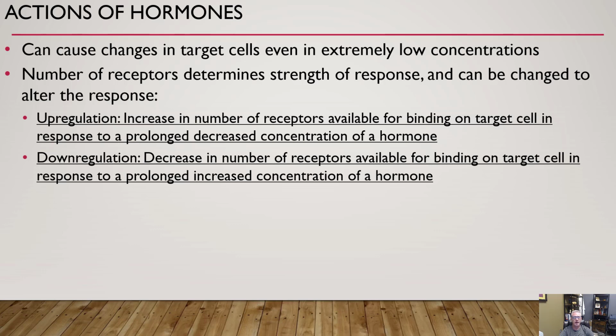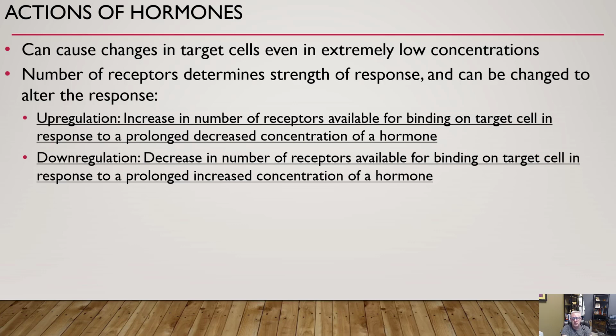Upregulation is an increase in the number of receptors available for binding on a target cell in response to a prolonged decreased concentration of a hormone. Downregulation is the opposite, a decrease in the number of receptors available for binding on a target cell in response to a prolonged increased concentration of a hormone.